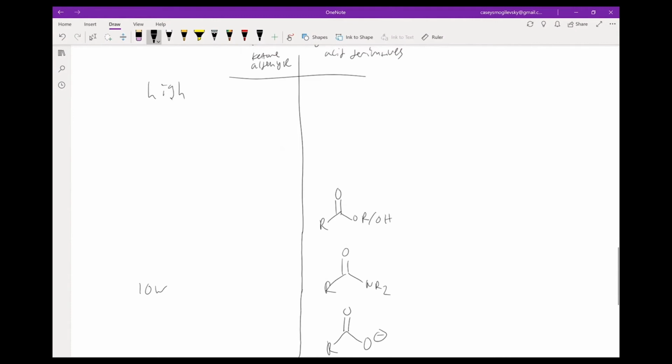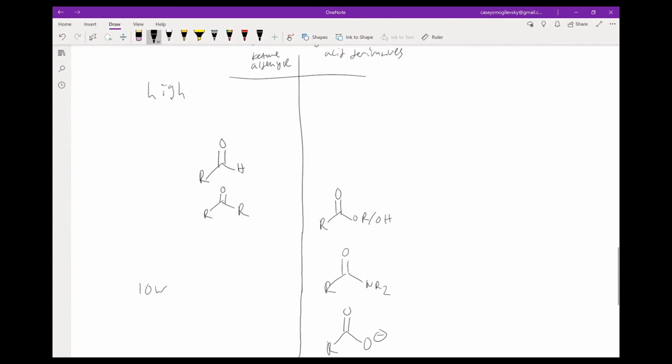Over here, you have your aldehyde, up a little bit, and your ketone. So aldehydes are actually more reactive than ketones. We'll discuss why in a second.